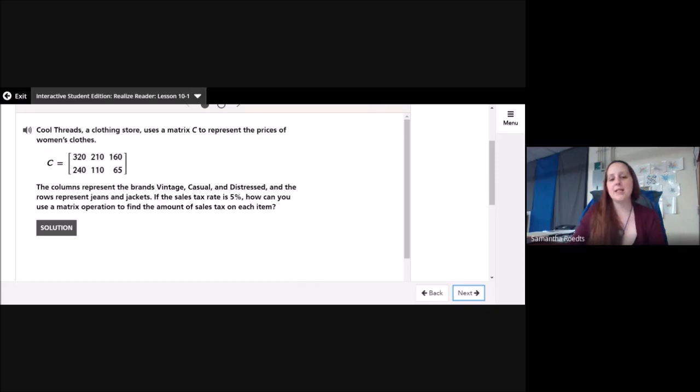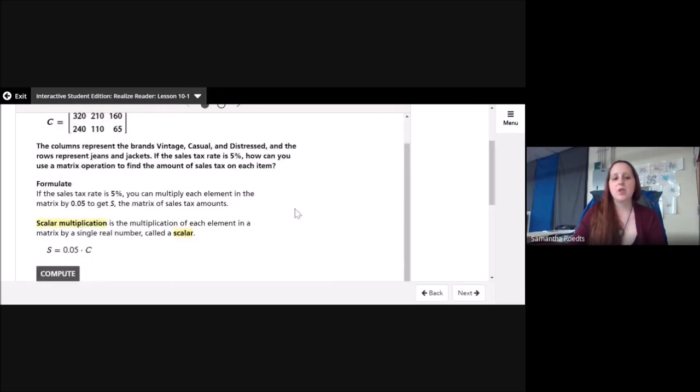If the sales tax rate is 5%, how can you use a matrix operation to find the amount of sales tax on each item? You can multiply each element in the matrix by 0.05 to get S, the matrix of sales tax amounts.